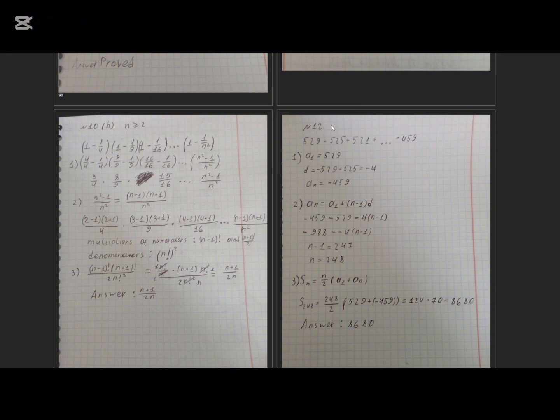In number 12, we need to find the sum of elements. This is the given condition. As we see in the given condition, the first element is 529, the difference of each element is minus 4, and the last element is minus 459.